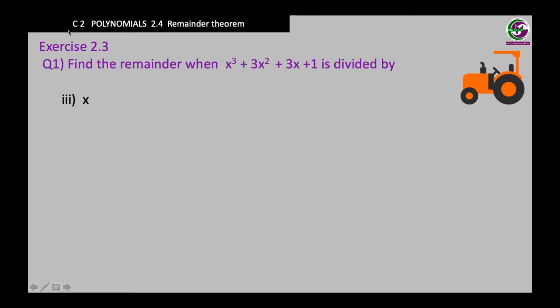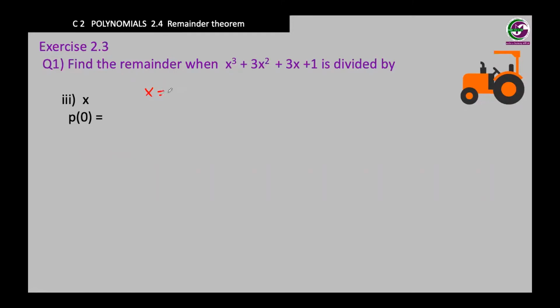Okay, so here it's given the polynomial x cubed plus 3x squared plus 3x plus 1 is divided by x. So again, let's do the substitution method. P of x, where it should be divided by x. So we can say x is equal to 0.